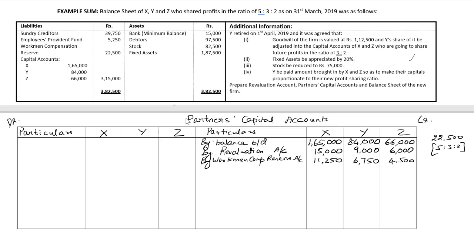We'll treat the first point where the goodwill of the firm is valued at rupees 1,12,500 and Y's share of goodwill to be adjusted into the capital accounts of X and Z, who are going to share future profits in the ratio of 3:2. So let's do the working notes for this.